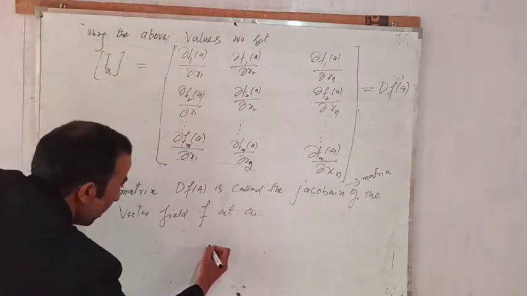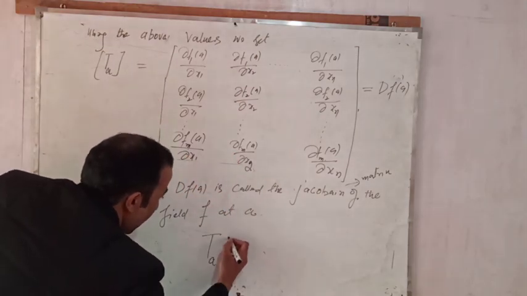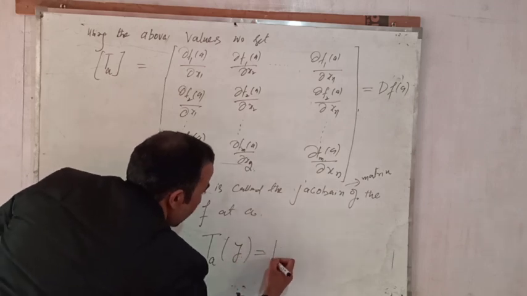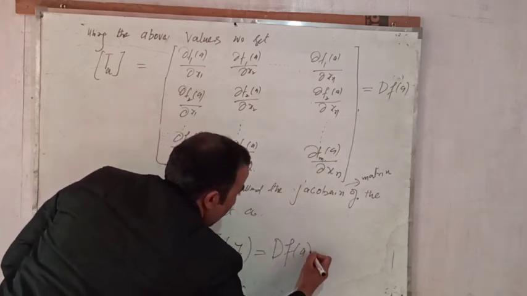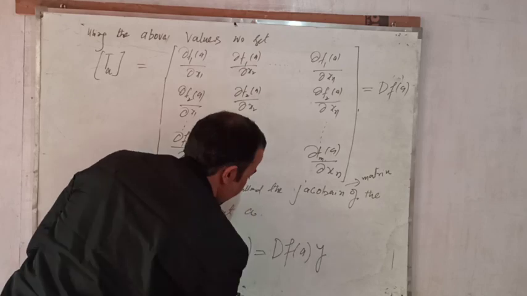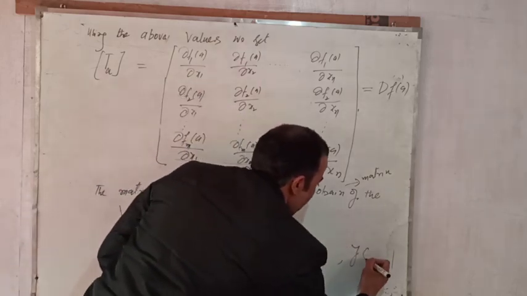So you can say TA at y is equal to dF at A of y, where y is a point of Rn.